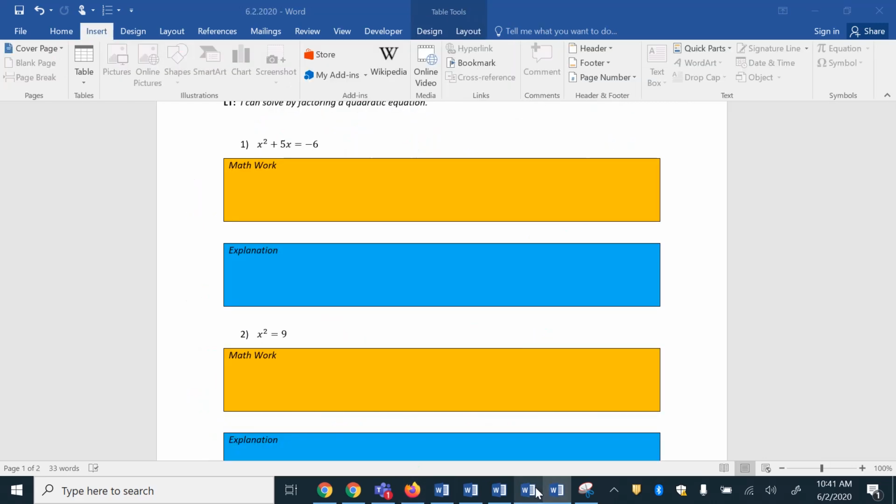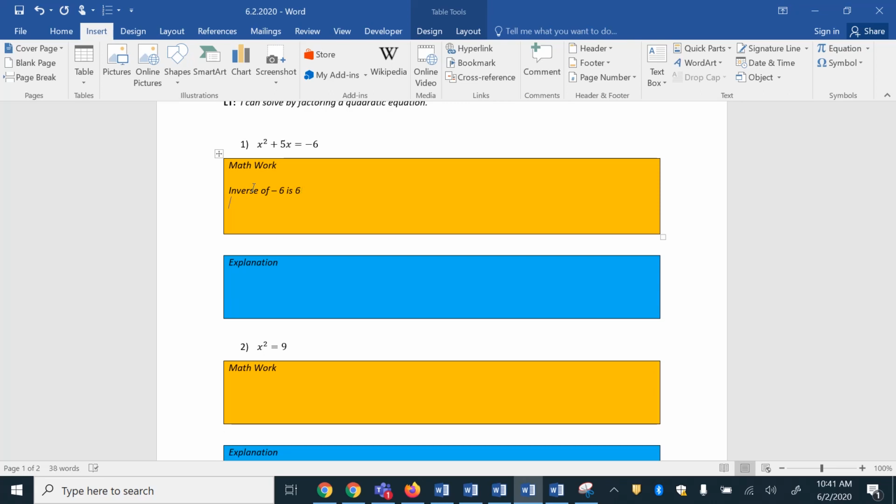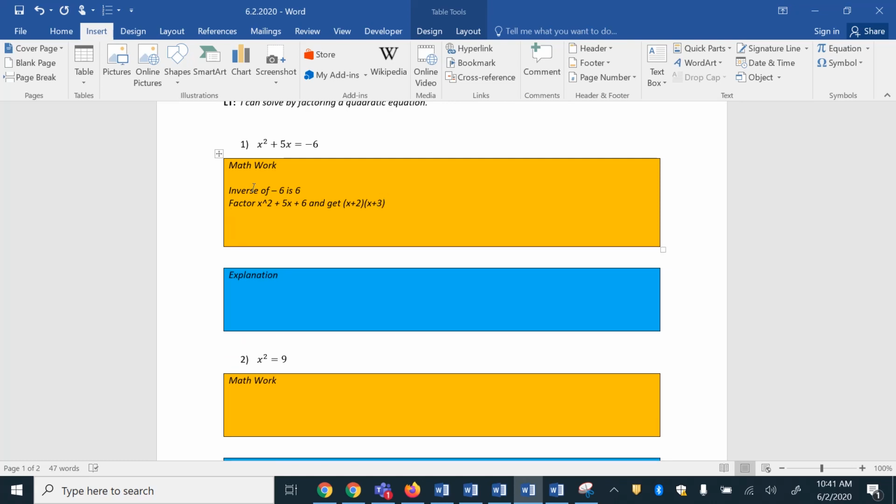So I go back to my sheet. And for my math work, I just write, right, inverse of negative 6 is 6. Factor x squared plus 5x plus 6 and get x plus 2, x plus 3, right?